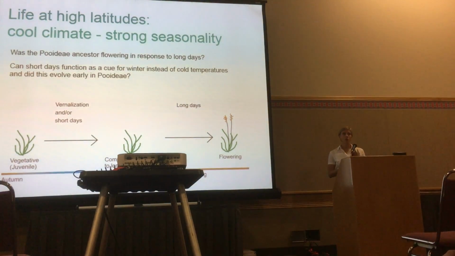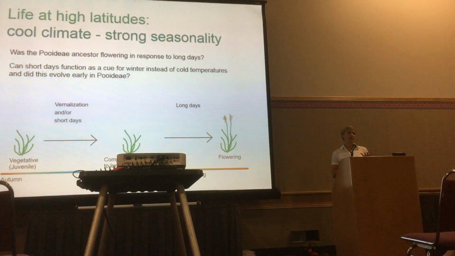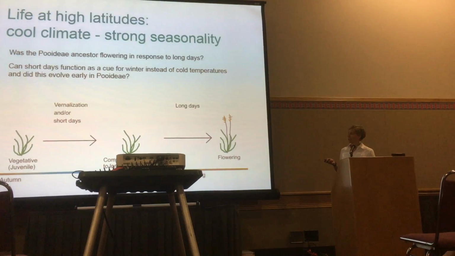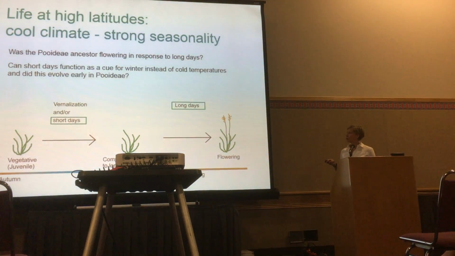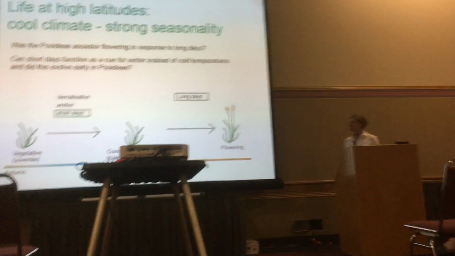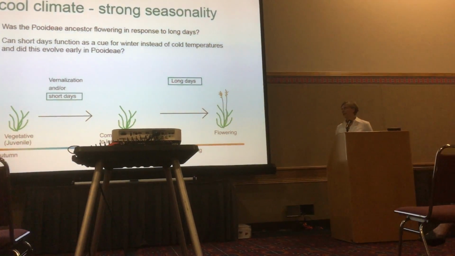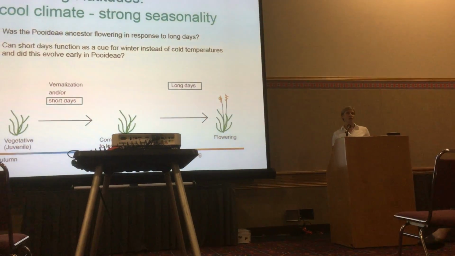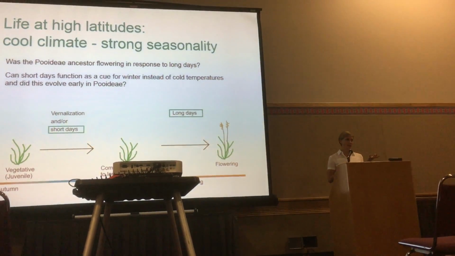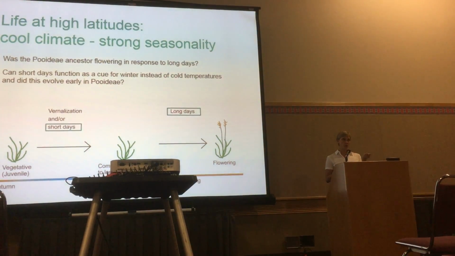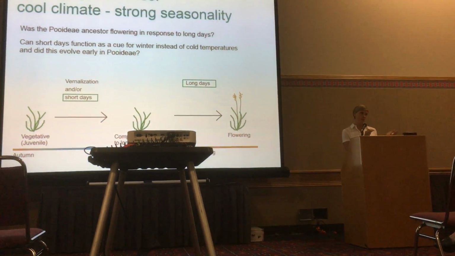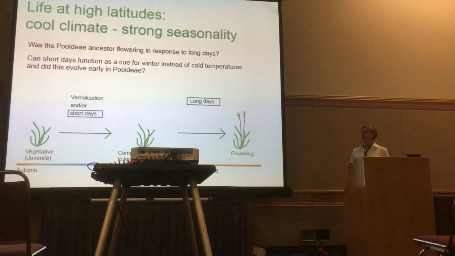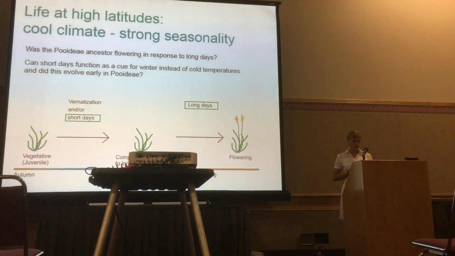So maybe they used another cue for winter in the beginning, and this could be short days. So we are looking into those two traits. We imagine that the Pooideae ancestor actually evolved from a species that responded to short days to flower, which is important in more tropical areas, and they do not require vernalization.